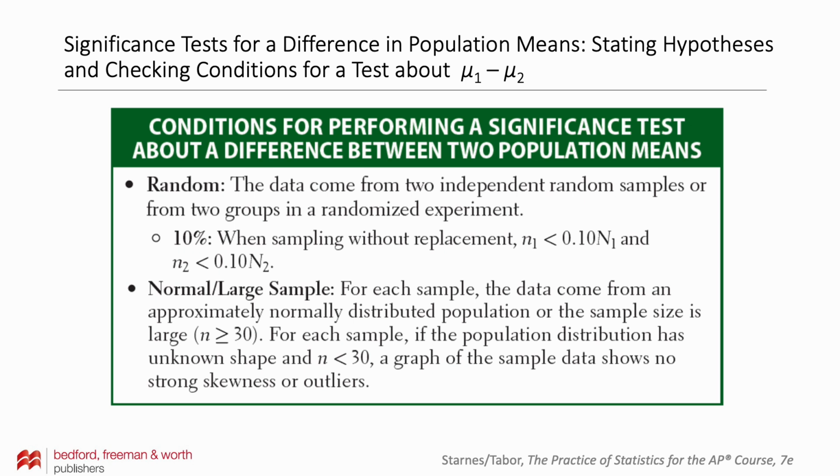Just like we did before, if the populations are normal, then the sampling distribution will also be normal, or we need to use the central limit theorem for both, that the sample sizes for both of them are greater than or equal to 30. If not, we are going to have to do a dot plot or whatever graph to show that it is normal.